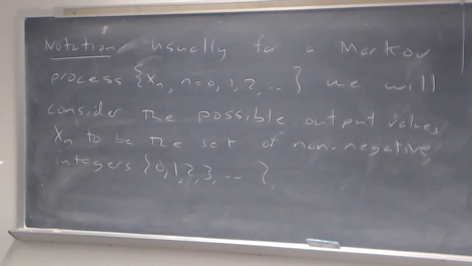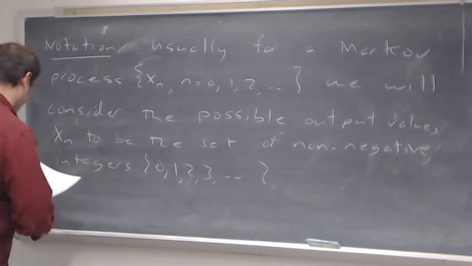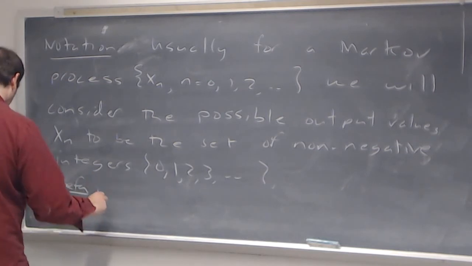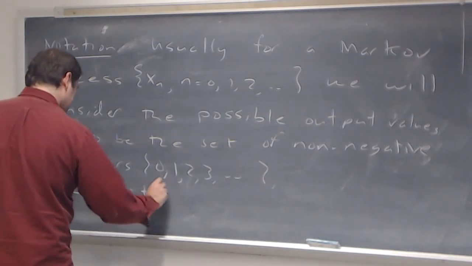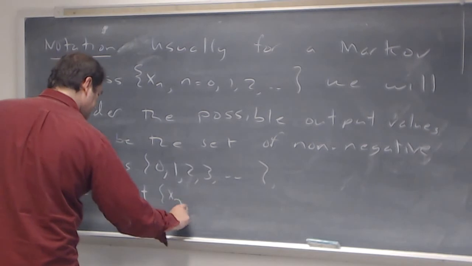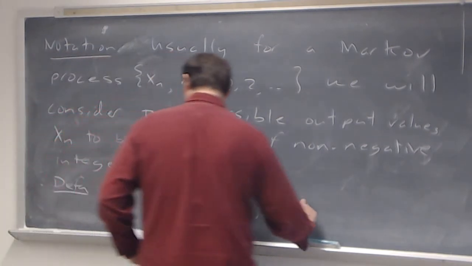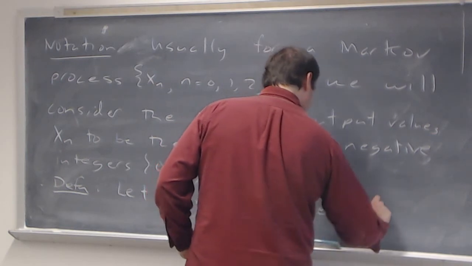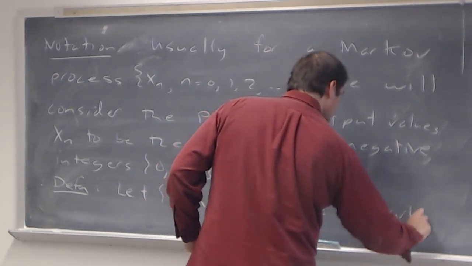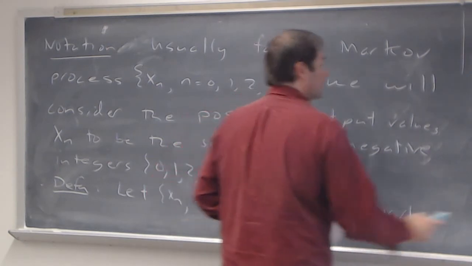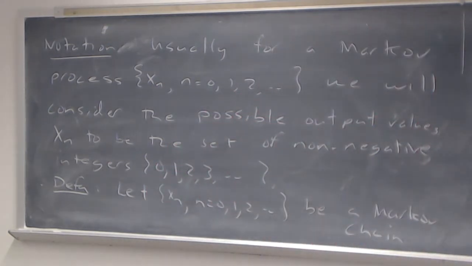Now, in terms of another definition, we let x sub n, n equaling 0, 1, 2, forever, be a Markov chain. Then we're going to define a certain matrix.